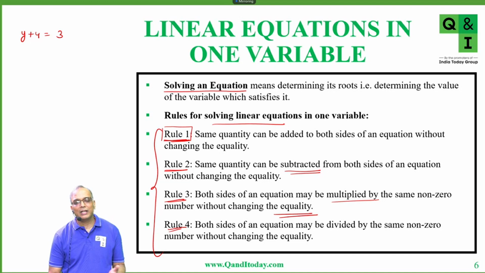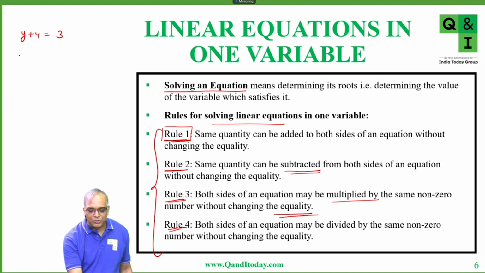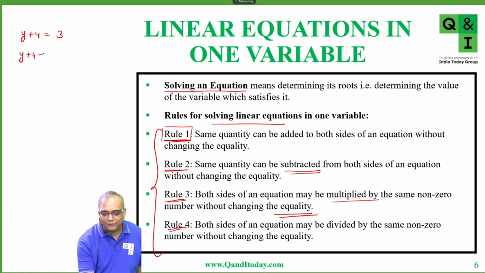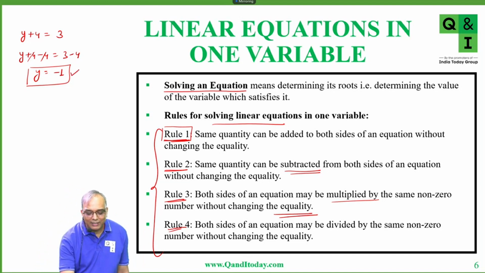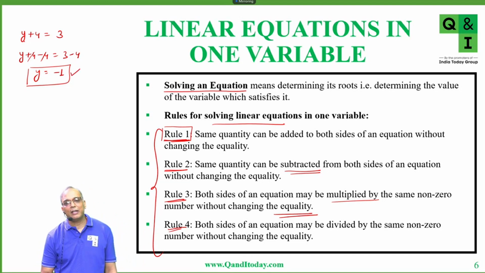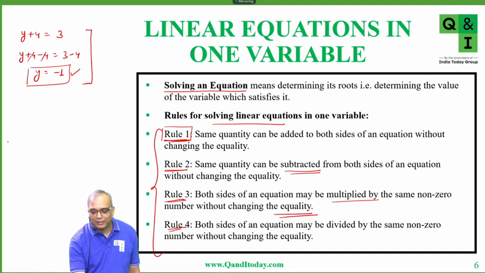So what I'll do, I'll subtract 4 from both the sides because subtracting a number from both the sides does not change the equality. So if I subtract 4 from both the sides, I will have y is equal to minus 1. Clear? So y equals minus 1 is the solution of this equation y plus 4 is equal to 3. So this is rule 2.